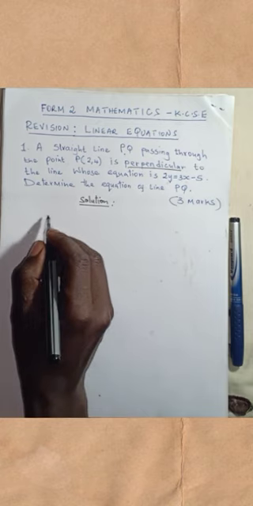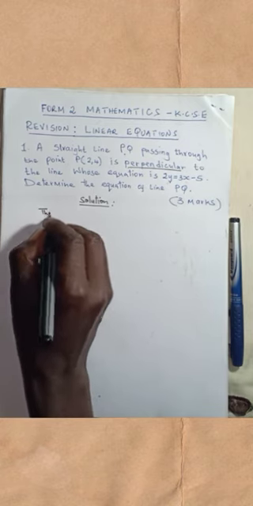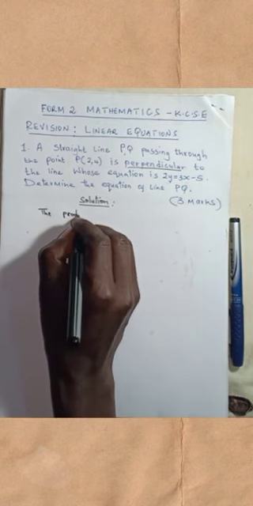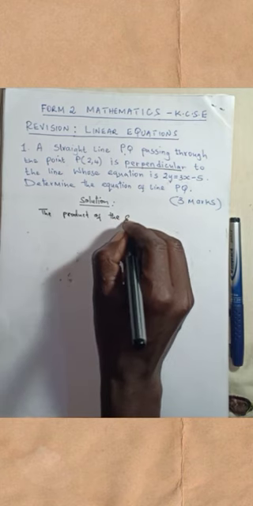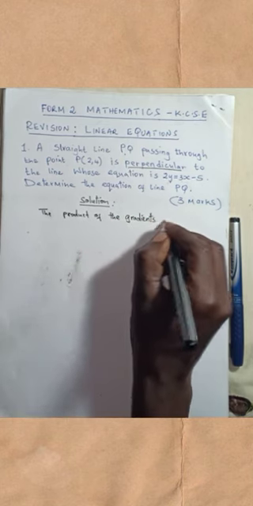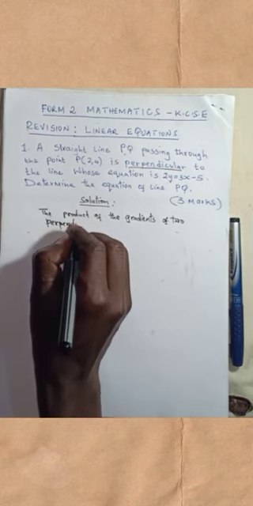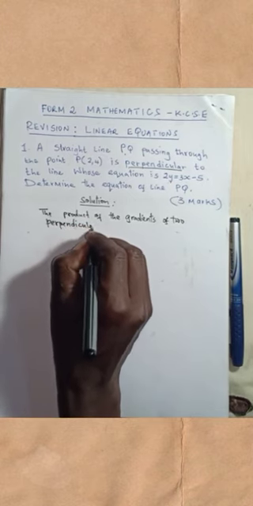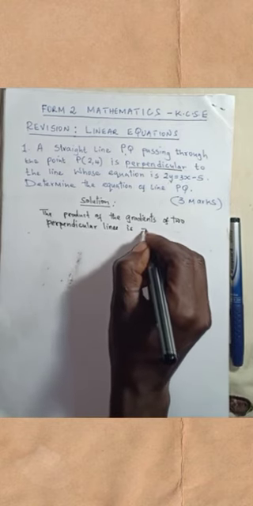So I would say that the product of the gradients of two perpendicular lines is -1.